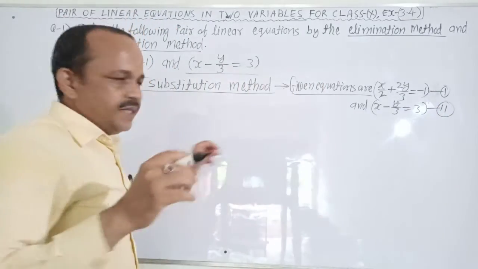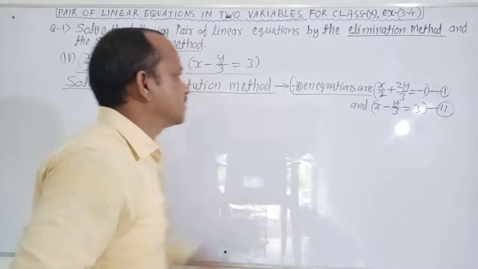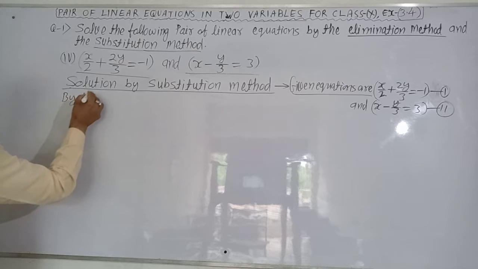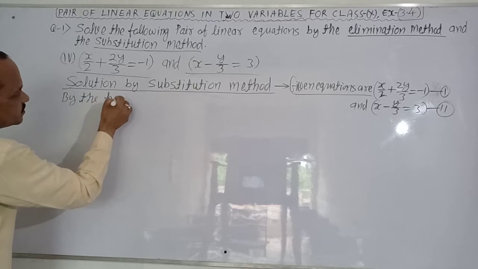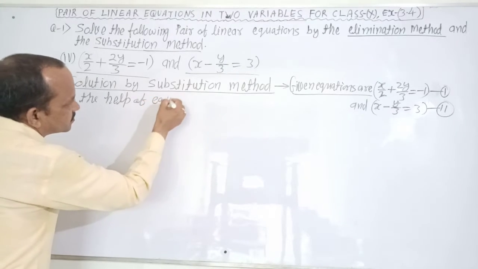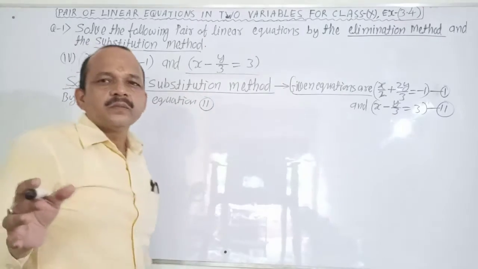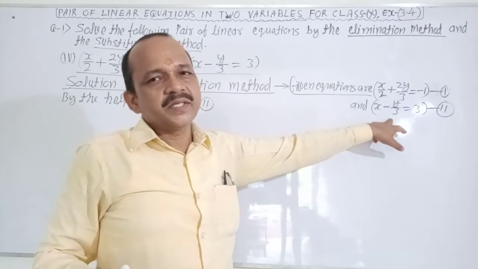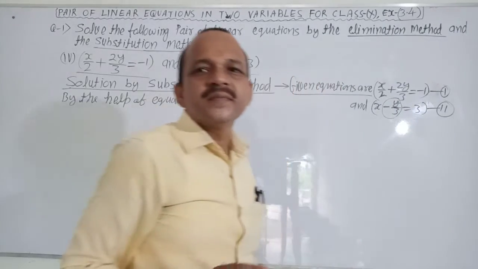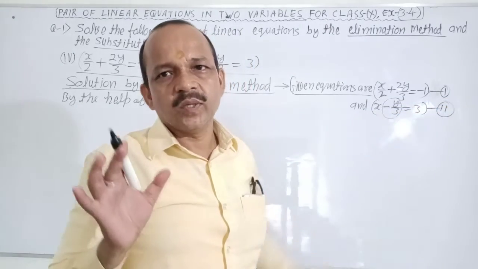By the help of equation second, here minus y by 3, you can write it on the right side of equal.